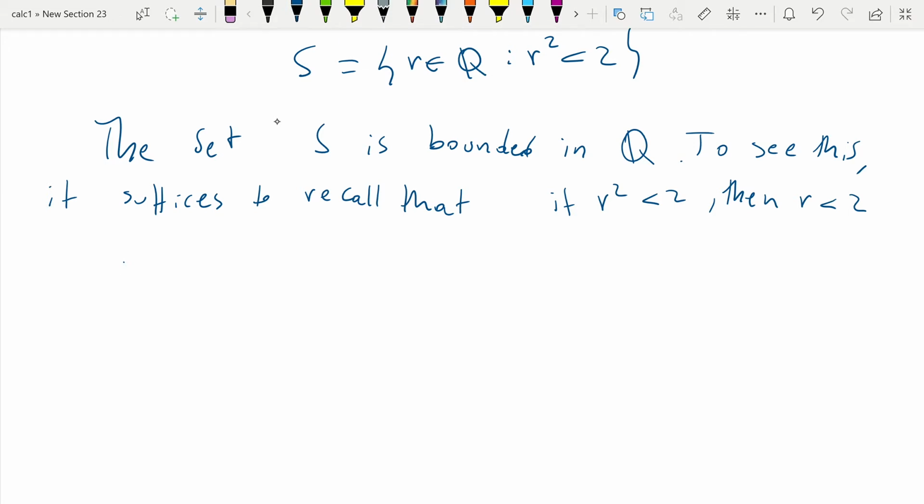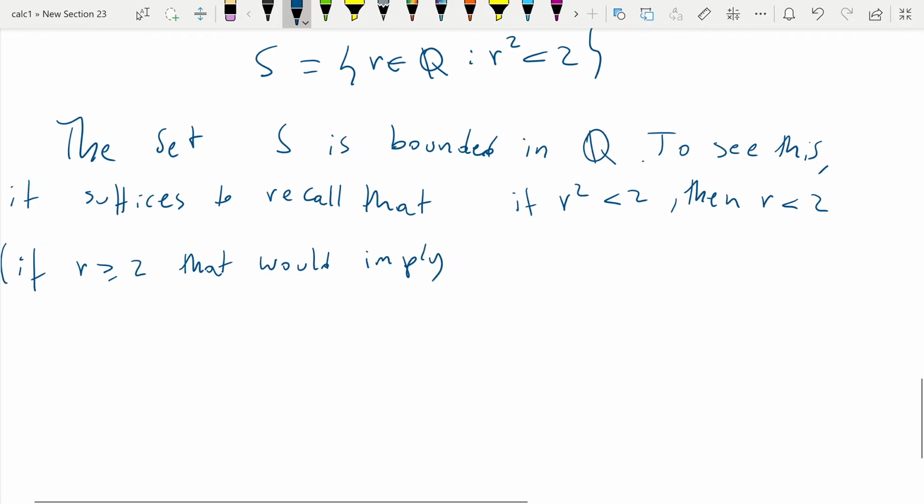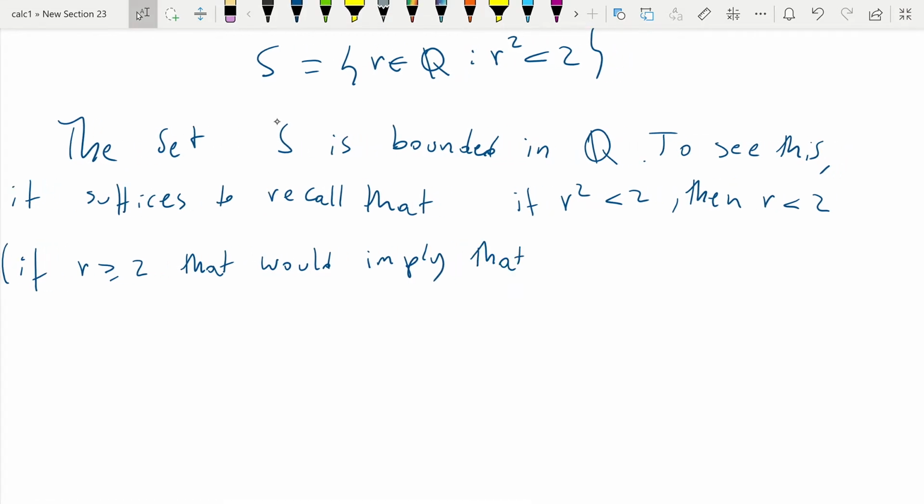if r were greater than or equal to 2, that would imply that r squared would be greater than or equal to 4, which is strictly greater than 2.